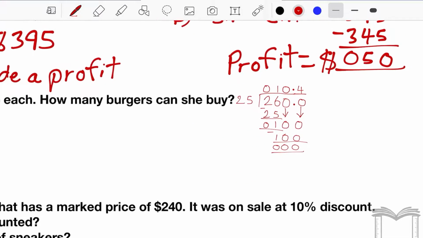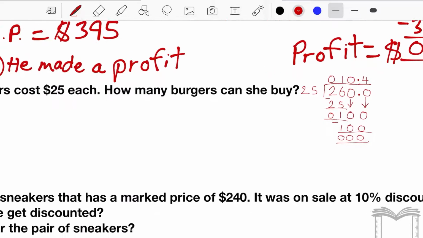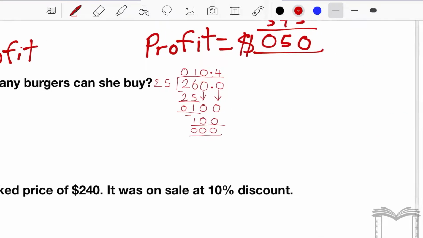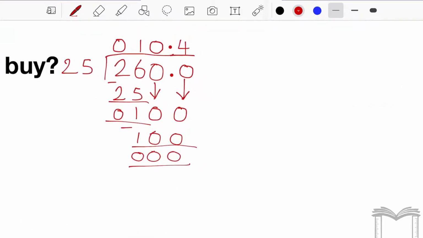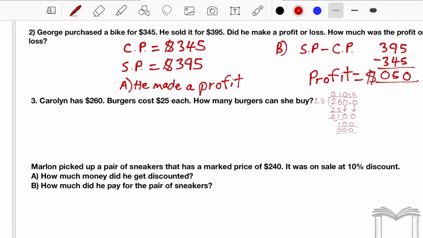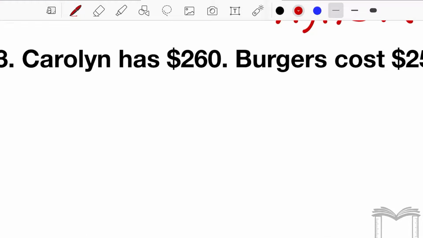It means we have enough money to buy 10 burgers, but not enough to buy the 11th. Okay, we'll leave it like that. So the answer equals 10 burgers.